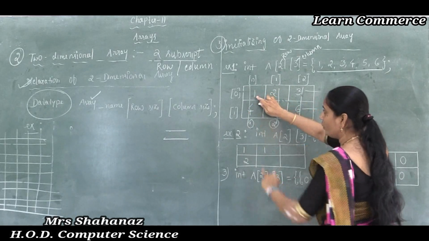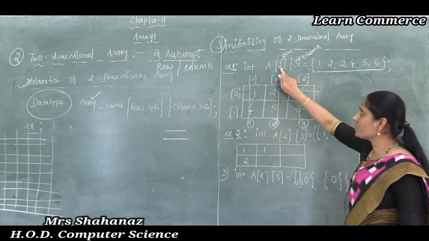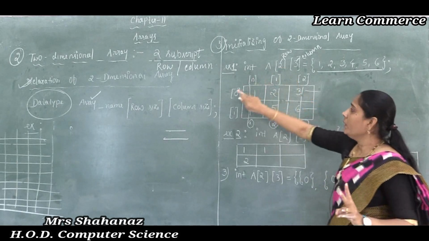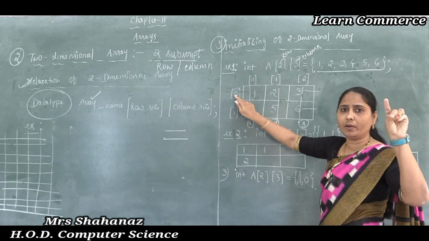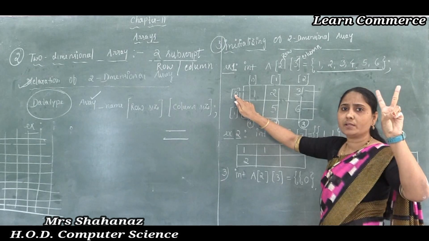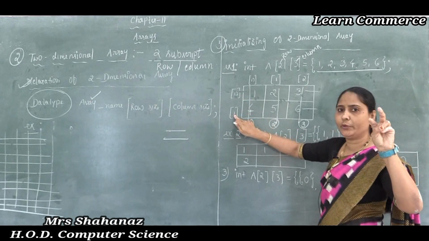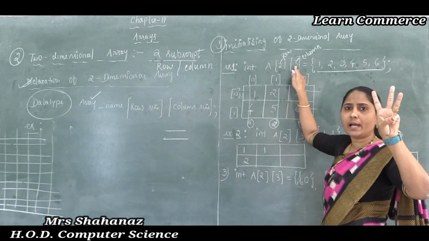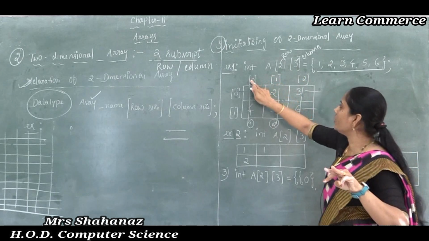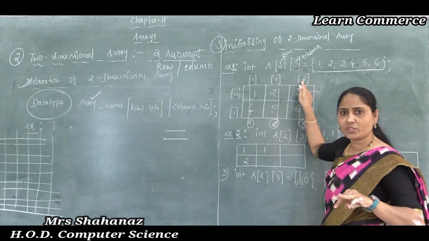As we know, with 2 rows, the position values start from 0, 1. That means we need to stop there. Totally how many columns are there? 3 columns, 0, 1, 2.